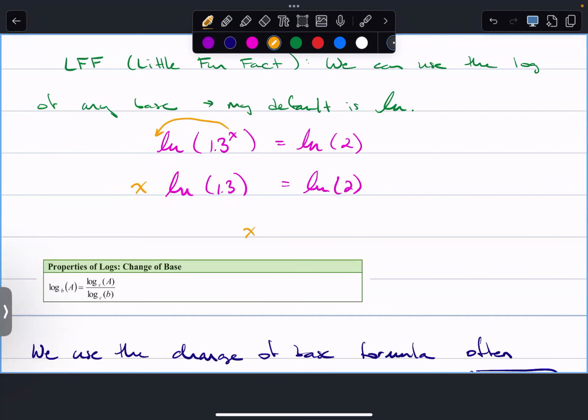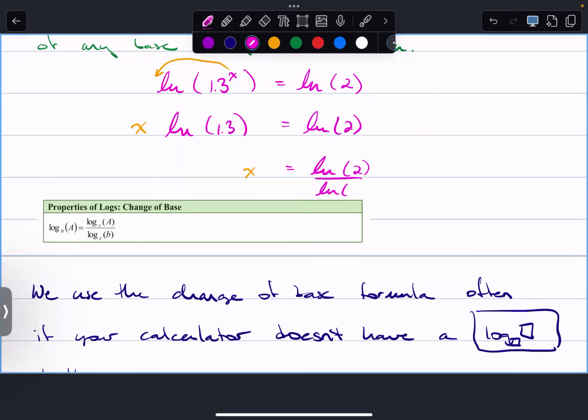So then x is going to be the log of 2 over the log of 1.3, which are just numbers, but I'm going to leave it in exact form. So here, this is the answer in exact form. We did it.